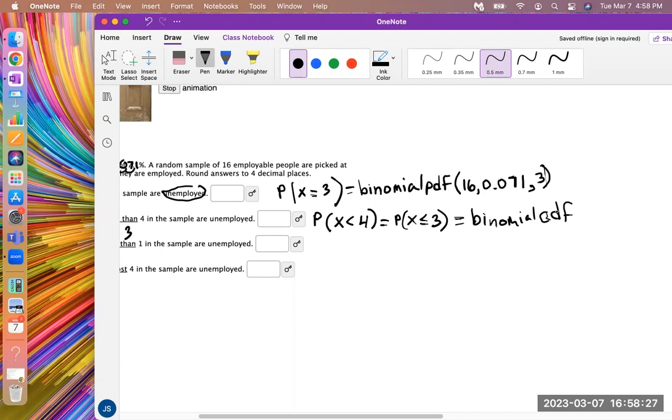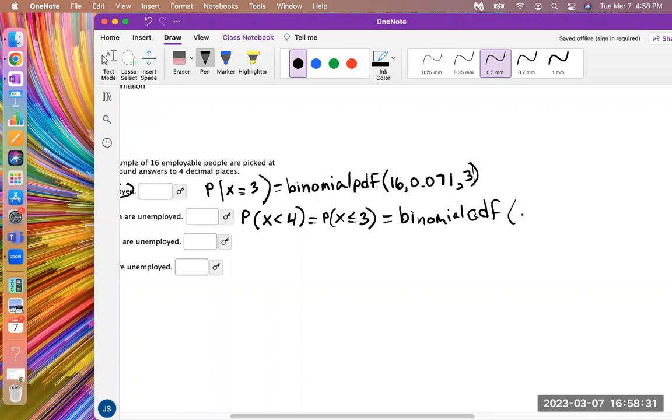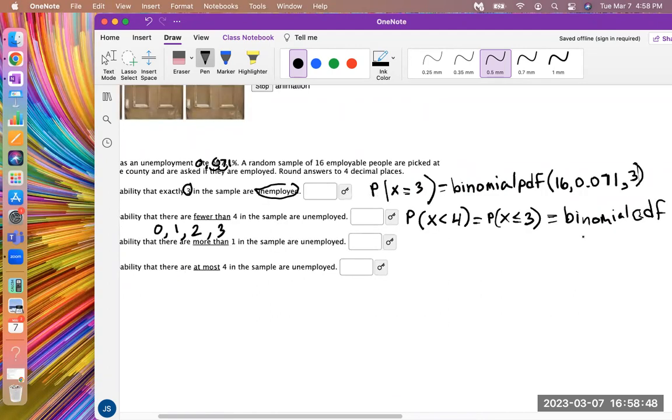You need to scroll a little further down. We're going to say the number of trials is 16, and the probability of success is still 0.071. The value that we want, that value and smaller, is 3. And there we go. That's part B.